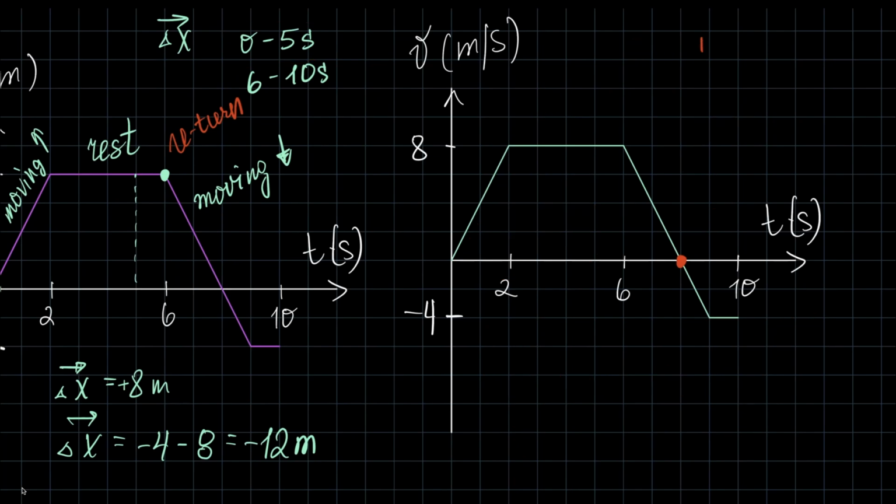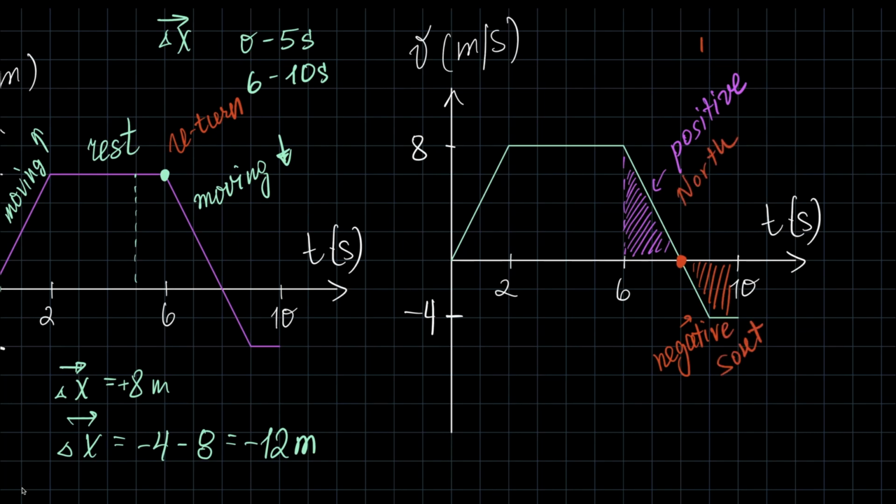If I need to figure out the displacement between 6 and 10, that is the most challenging part. So I see between 6 and 8, I have a positive displacement. This area is positive. We were moving in the right direction. And then I have a little sliver here. And of course, it's a trapezoid to make our life difficult. That is negative. This, I can say, is moving north, and this is moving south.